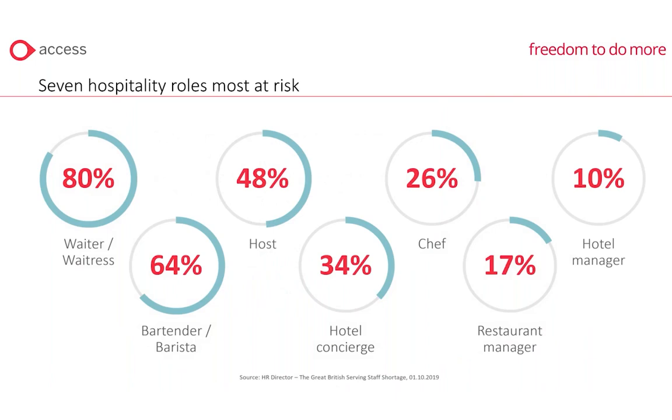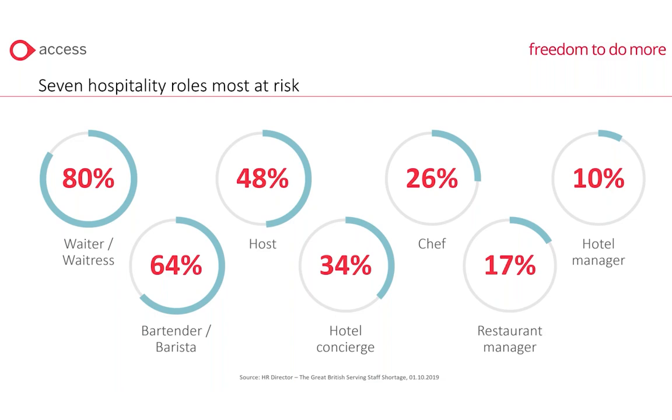Seven hospitality roles at risk. These roles, as you can see, are our mobile workforce. These employees within these roles are the hardest to engage with and therefore should be our primary focus. 80% will be the waiters and waitresses, and then we have from bartender to barista, host, and even restaurant manager and hotel manager.